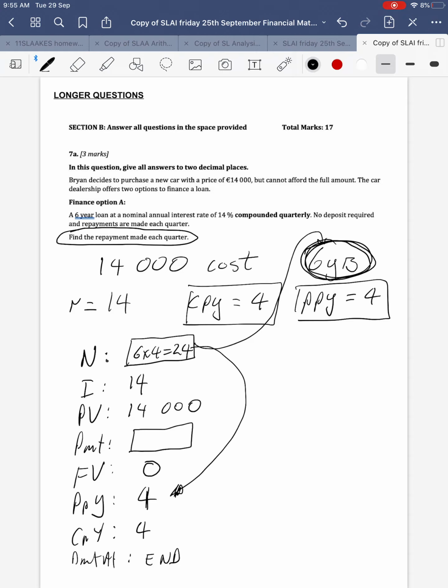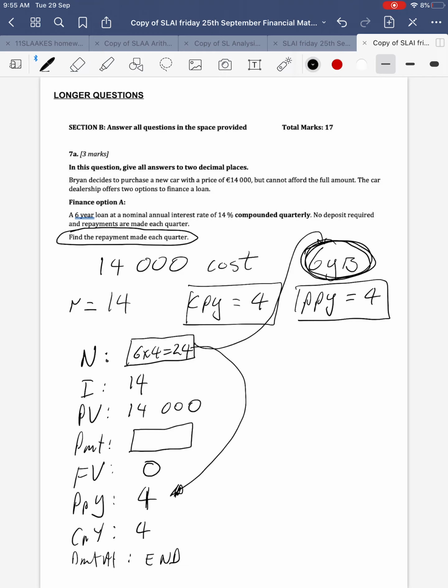All right. So I'm just going to go to my finance solver. You guys know where all of this is. I'm going to type all of those in. 24. Interest rate is 14. Present value is 14,000. So it's positive because it's money coming towards me. The final value is 0. PPY is 4. CPY is 4. And payment at end.